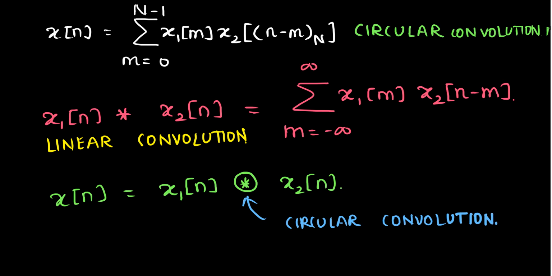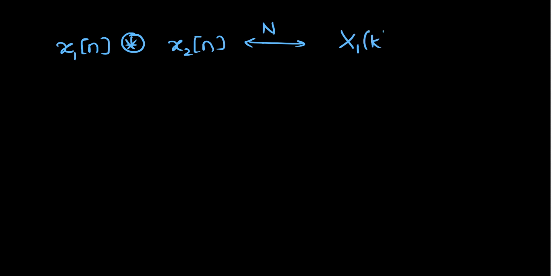So what we can conclude is, when we have x1 of n circularly convolved with x2 of n, at that time its N-point DFT is given as x1 of k multiplied by x2 of k. So when we have multiplication in the frequency domain, at that time we are getting the circular convolution in the time domain.